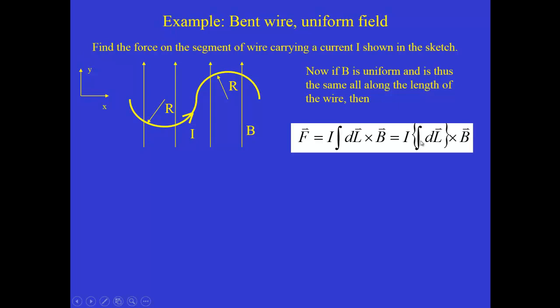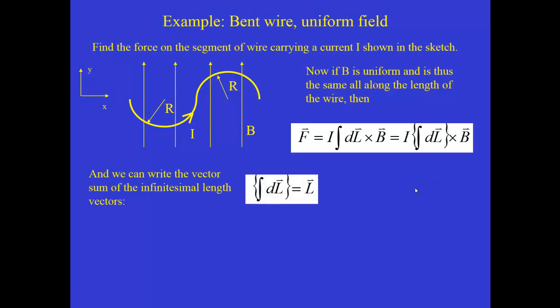We can take the sum, or the integral, of all the dL vectors pointing along the length of the wire, and do that integral, and then take the cross product with B. And of course, the only reason we can do this is because B does not change along the length of the integral. We can't really pull the B out in front of this because it's in the cross product, and we don't want to mess that up. But we can see that the only thing that really needs to be integrated is dL, and that makes our task simple.